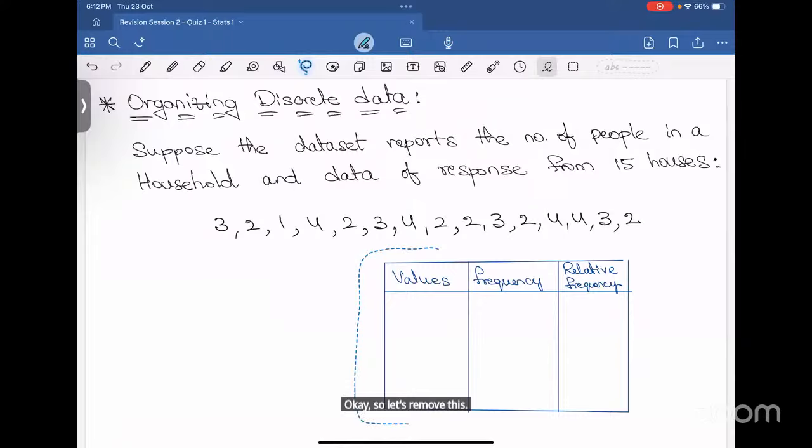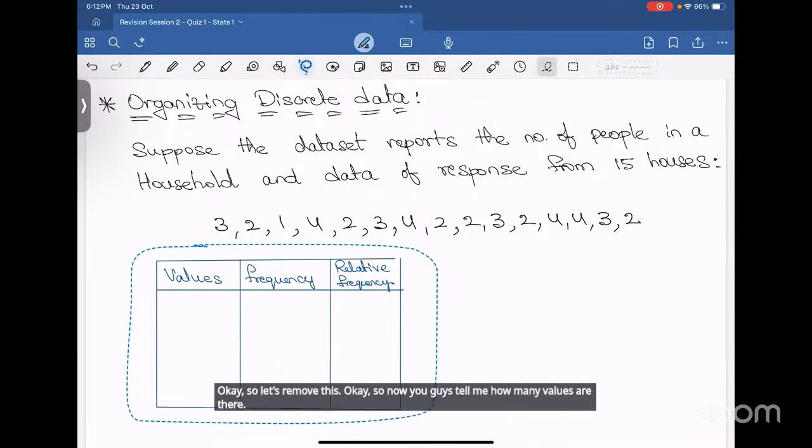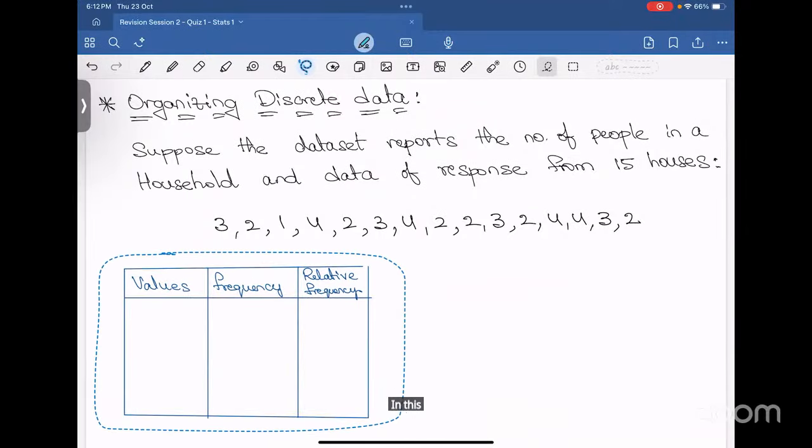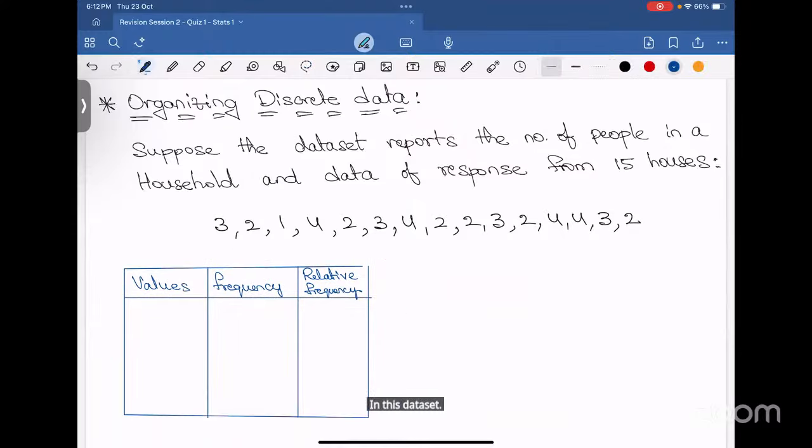Now you tell me how many values are there in this data set. 15. So the different values are 1, 2, 3, 4. What is the frequency of value 1? One time. And what is the frequency of value 2?